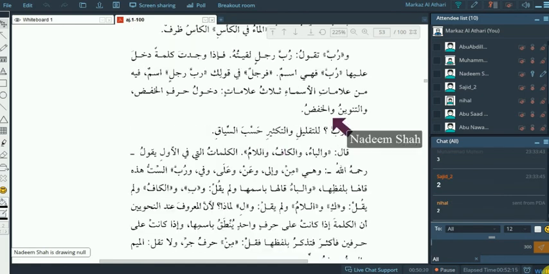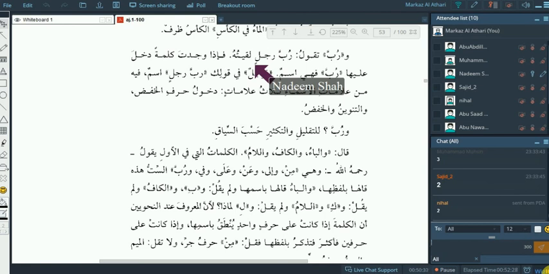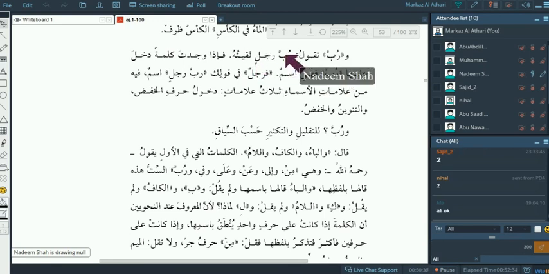3 signs. That is the kasratain, as the brothers mentioned, the khaf in the first place. Some brothers are saying 2, but don't forget that the word rubba rajulin has kasra, yes, but it also has tanween. There are 2 kasras, so that same place has 2 signs incorporated.